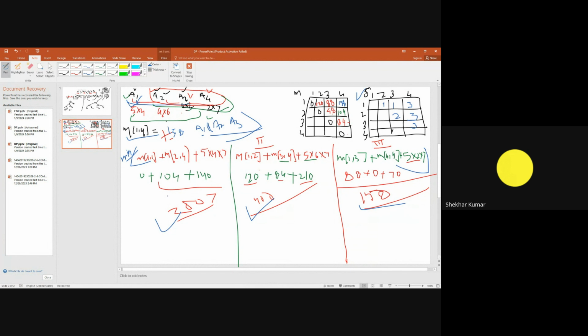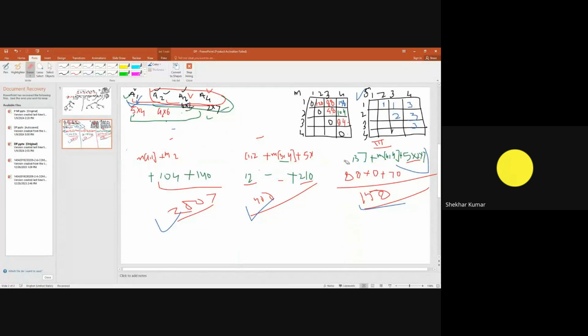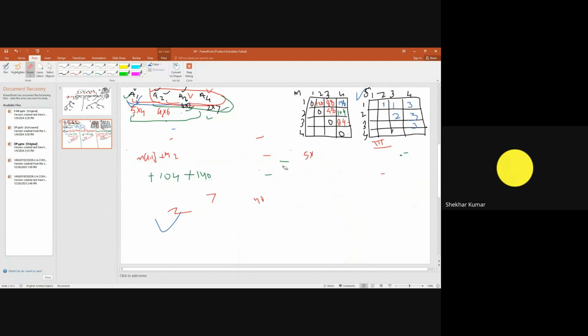Okay. Then if I parenthesize this sum, then you can check the overall binary tree of this matrix multiplication by calculating this.